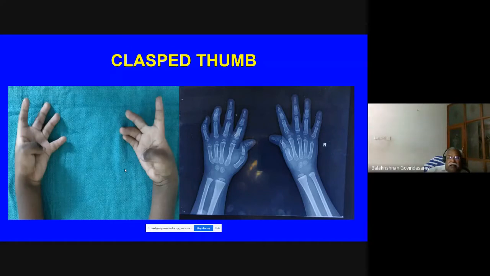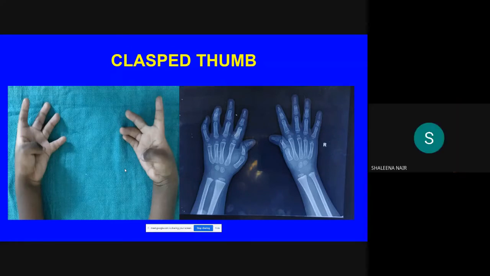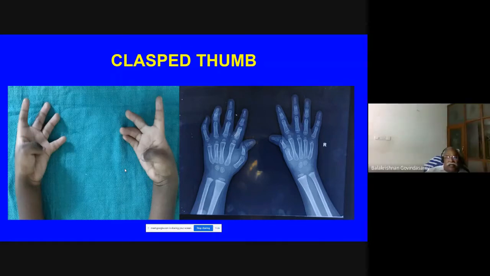See the X-ray and explain how the X-ray is. In the X-ray, there is a flexion deformity at the metacarpophalangeal joint and hyperextension at the IP joint. Why is there hyperextension?